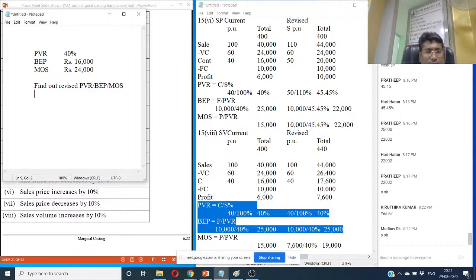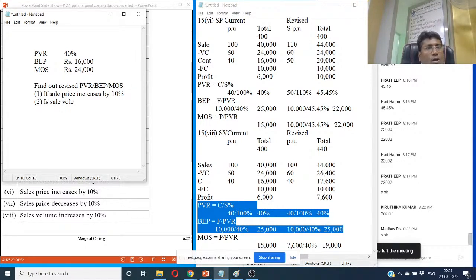Okay. Situation 1, if sales price increases by 10%. Second, if sales volume increases by 10%.